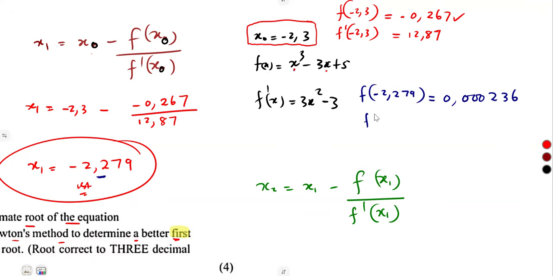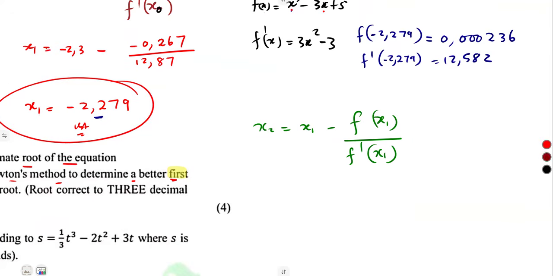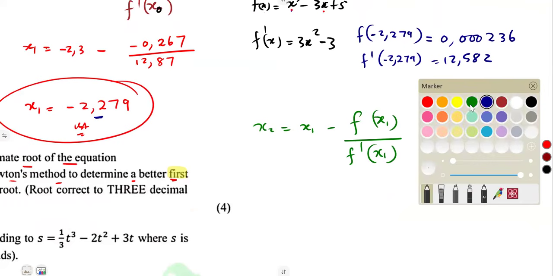All right. Then on the first derivative, you do the same thing. For that same value of x, substitute into the first derivative, this one. So that was going to give us 12.582. So these are the values that you're going to need to substitute this time to find our x2.